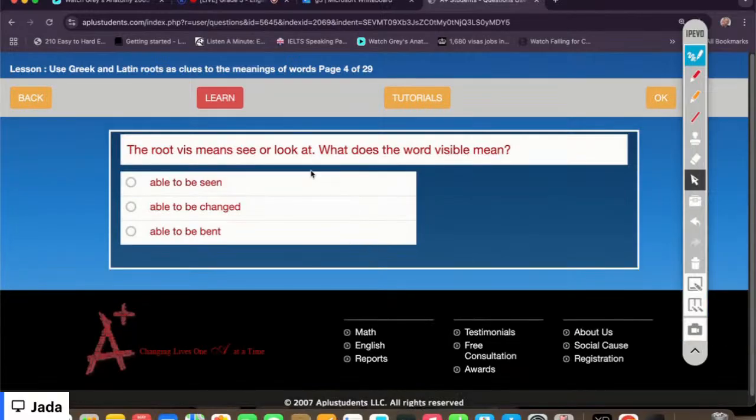The root vis means see or look at. What does the word visible mean? Able to be seen, able to be changed, able to be bent.